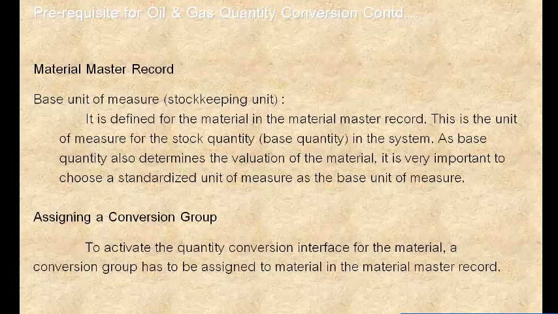It is very important to choose a standardized unit of measure as the base unit of measure. We have to keep some standards telling that this is the material, this is my base unit of measure, and I will have the stock based on this. Of course, we can have a number of additional units of measure, but this is the main thing. Next, assigning a conversion group.